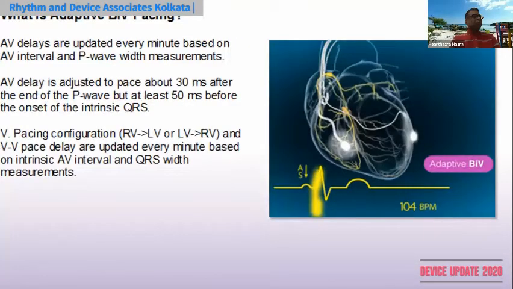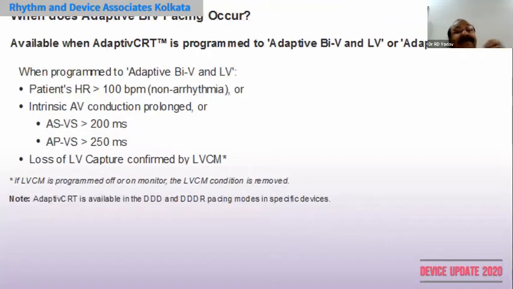So in adaptive BIV, when the QRS is more than 200 milliseconds, both RV pace and LV pace will occur, but the LV will pre-excite. It will depend upon your QRS duration in far field ECG. So it's a very good program. I feel this is the best program to make the biventricular pacing short.